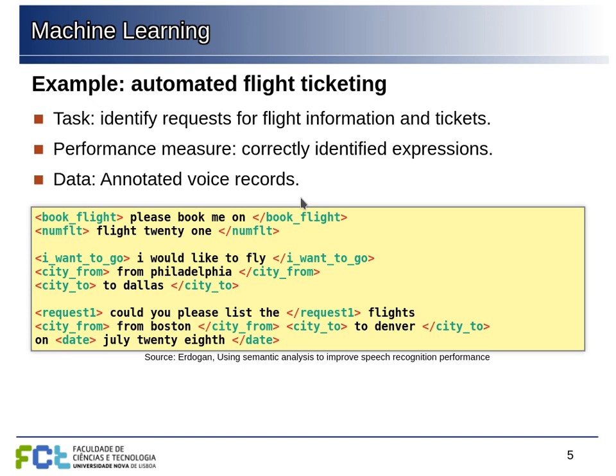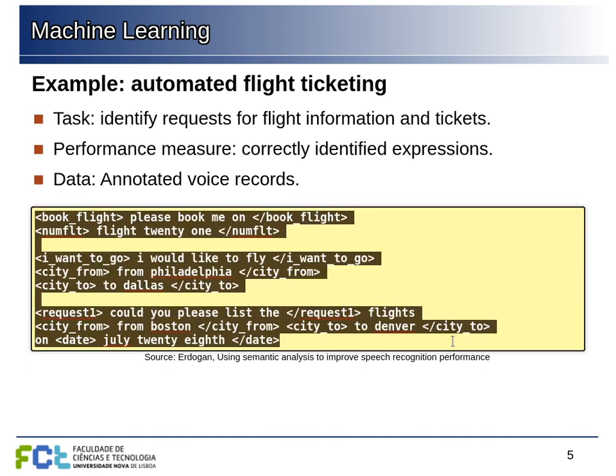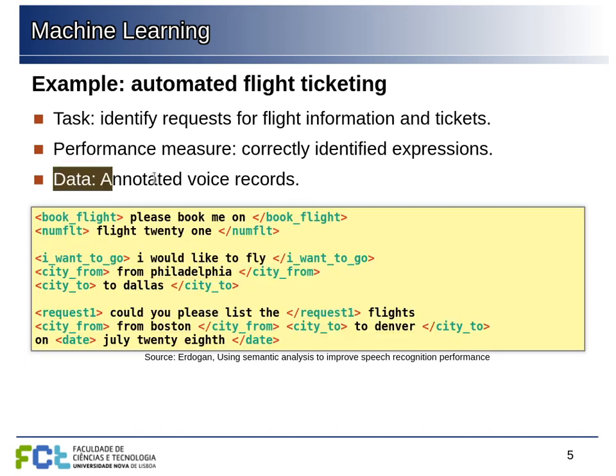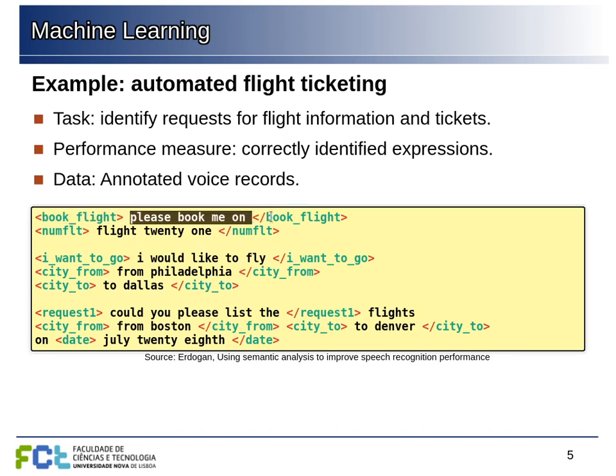So this would be the task that we would like our automated system to do, to identify automatically these elements during a conversation, so that we could then extract what the customer wants. The performance measure we can have would be by looking at our annotated voice records, to check if our learner is correctly identifying the expressions.